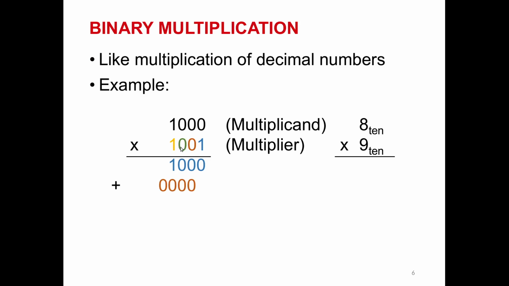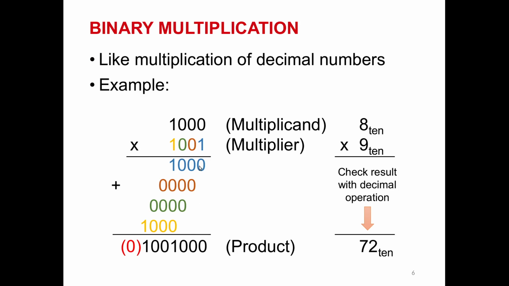Then this value 0 will be multiplied with this 1000 and written down here, and finally this value 1 will be multiplied with this multiplicand and written down here one bit further to the left, so it looks like this. And if we add them together by column, we will have the result written here. It will be 1001000, and it means 72 in decimal.